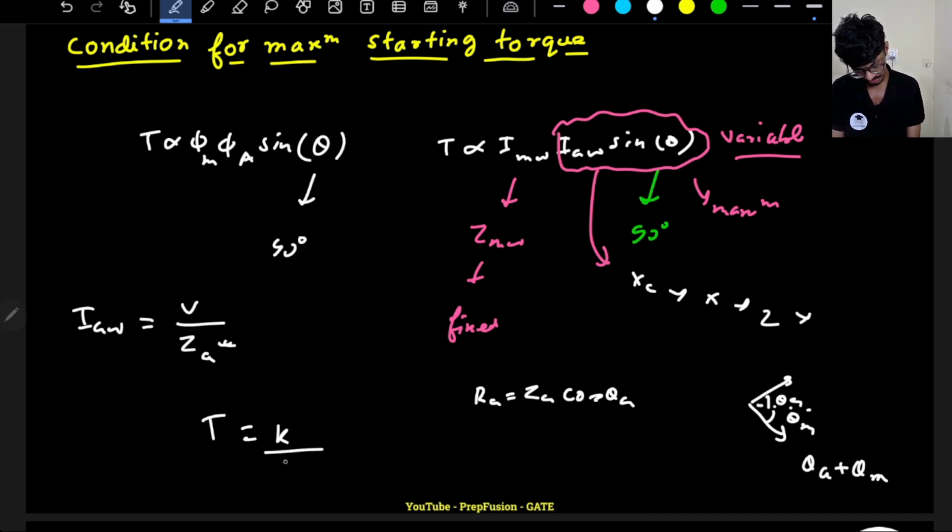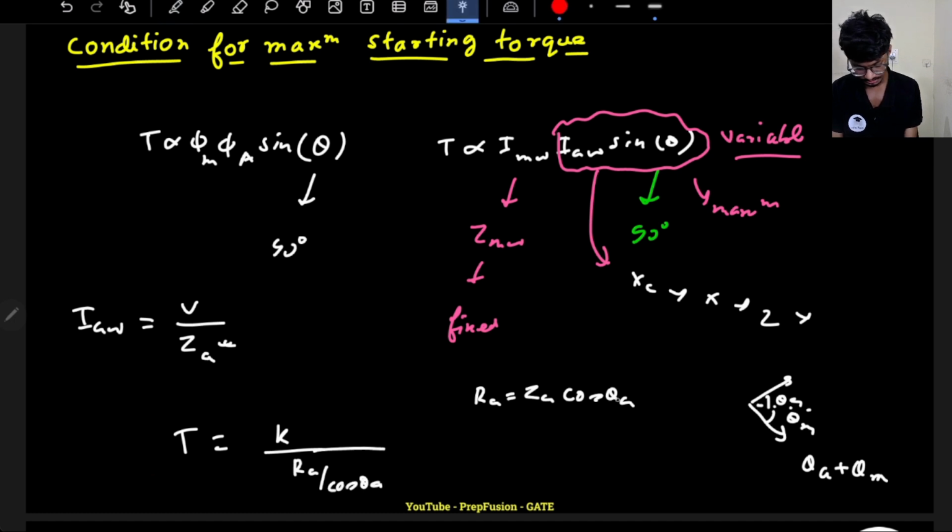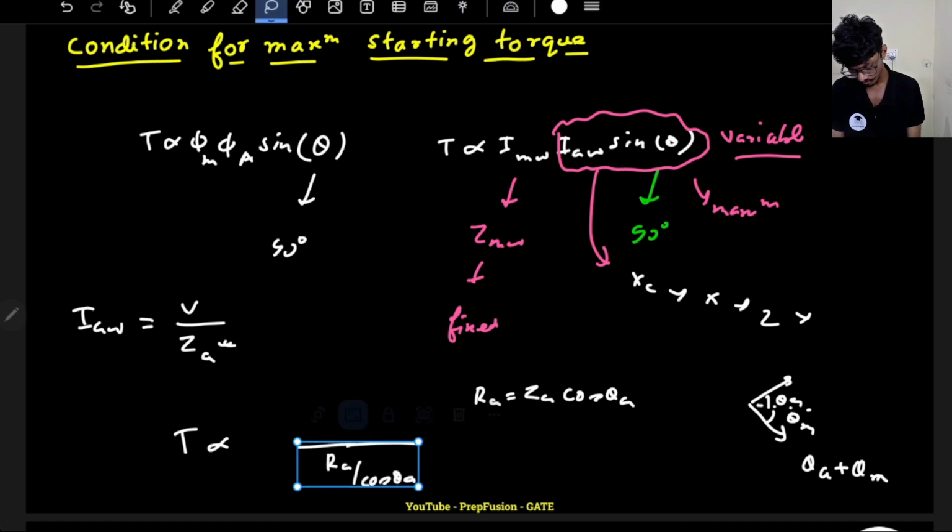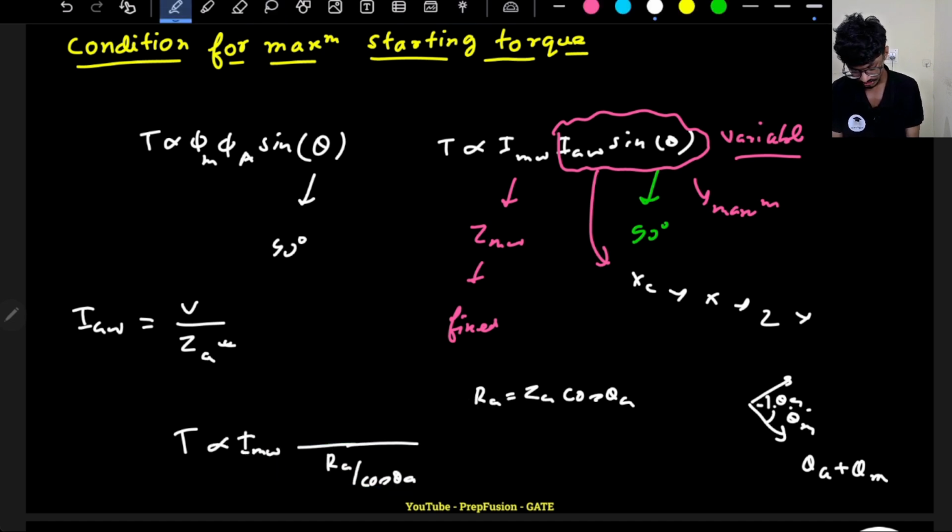So K by Z_A is basically R_A divided by cos theta. R_A is fixed, so this also will be a constant. Basically, your torque is proportional to I_MW, which is a fixed value, times V upon Z_A, and Z_A is R_A upon cos theta A into sine of theta A plus theta M.